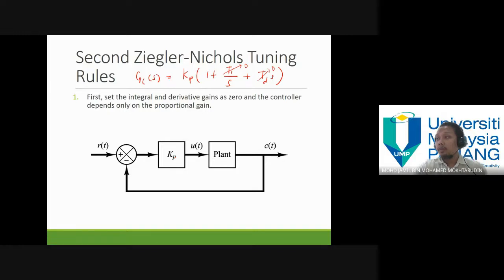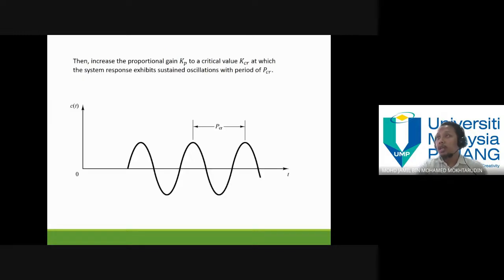And then from here, we can increase the value of Kp until it reaches a value we call the critical gain value, KCR.